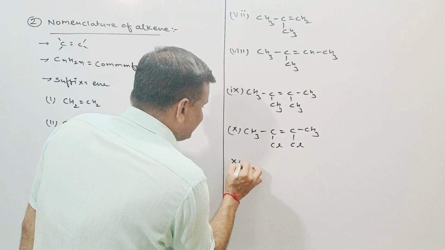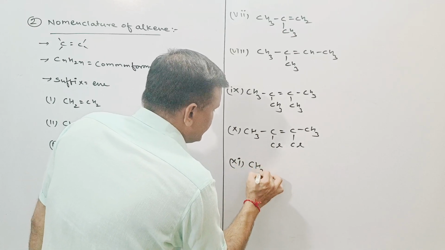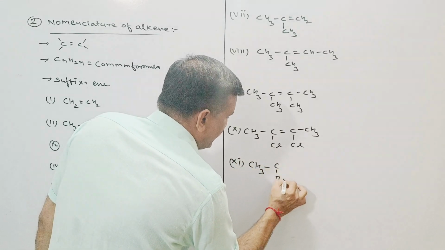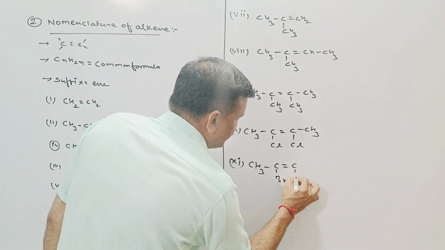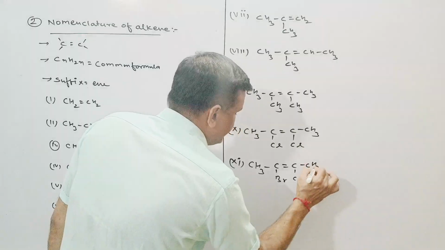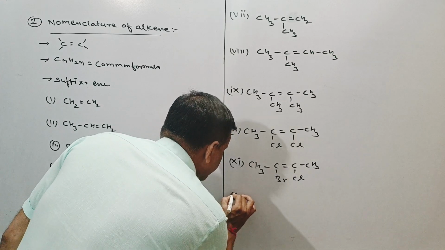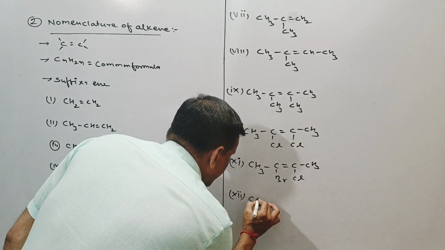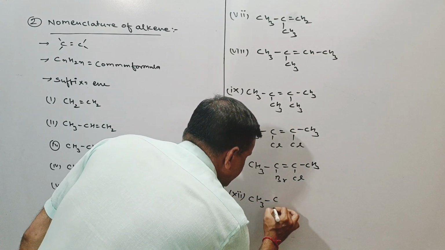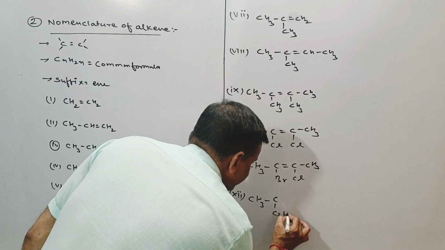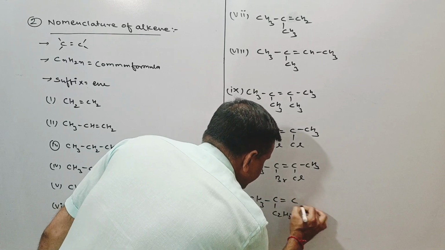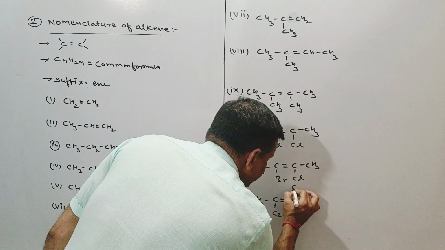This is the next condition: CH3-C, this is the Br, double bond C, this is the Cl and CH3. This is the 12th condition: CH3, this is the C, C2H5 double bond C, you can take just Cl.